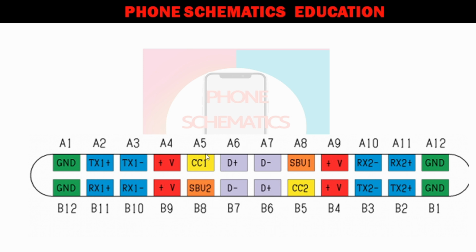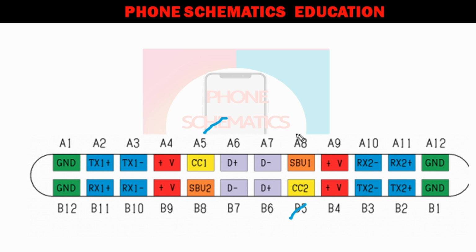Now you should understand CC1 and CC2, how these pins work, or the PD status. No? If you have any confusion, just comment. I will explain in other diagrams or in another charging section in proper detail.